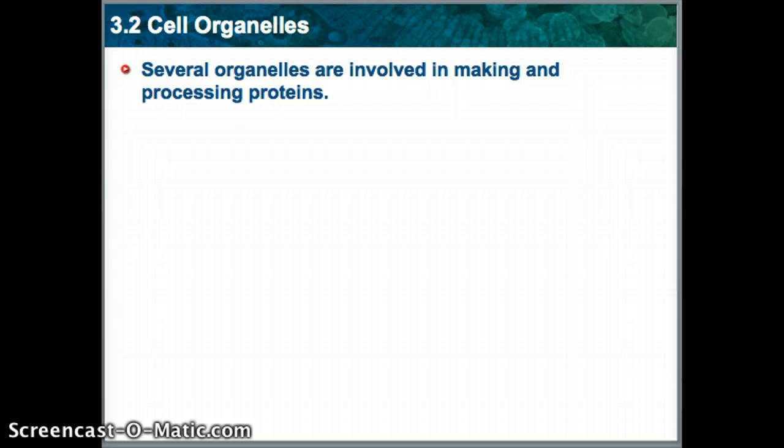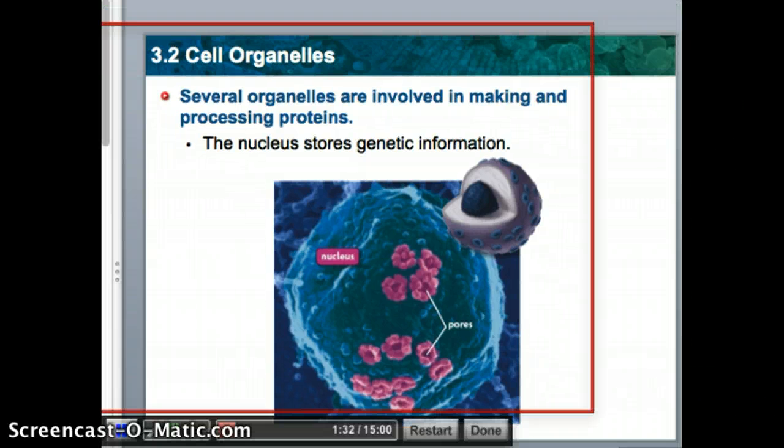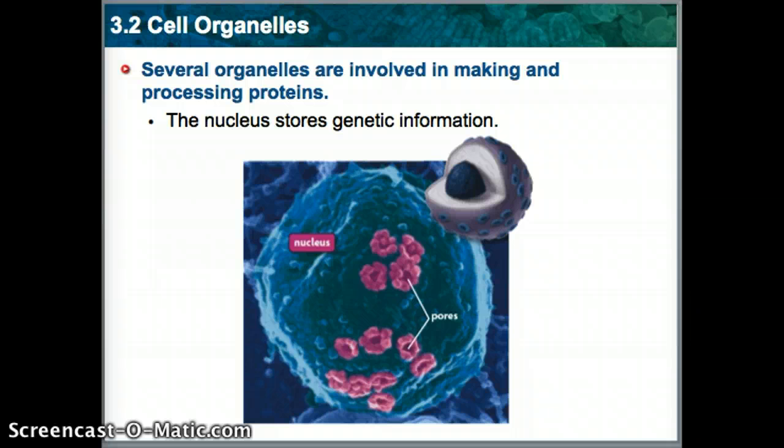So there are several organelles that are involved directly or indirectly in making and processing proteins. First off, we have the nucleus. There's one or more per cell. It's a spherical shape, denser than surrounding cytoplasm. Inside the nucleus we have chromosomes, which are usually in the form of chromatin.